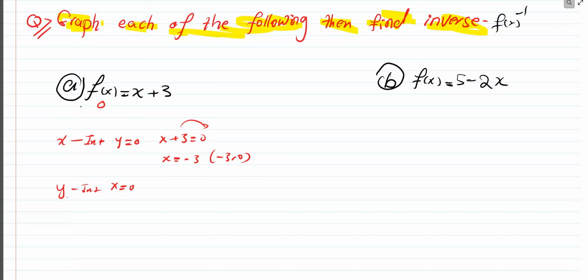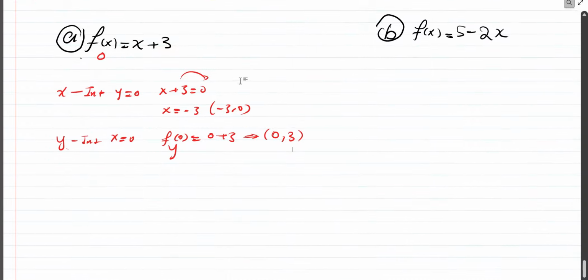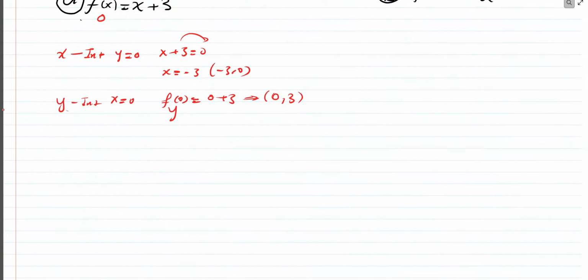So when x equals 0, f of 0 equals 0 plus 3, and f of 0 means y, right? F means y. So we get 0 and 3.